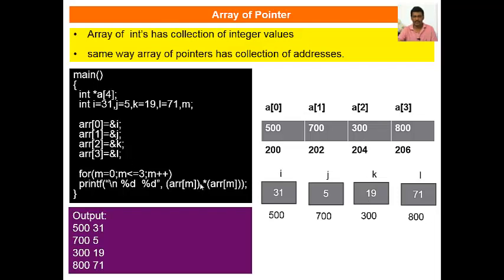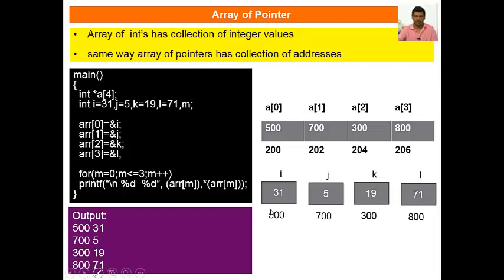Then m is 3: ar[3] is 800, the value at 800 is 71. So it displays 31, 5, 19, 71. Then m is 4, the condition is false, it comes out of the loop, and the program terminates.